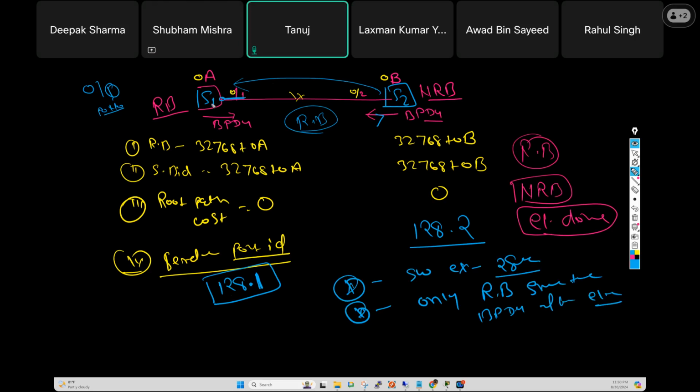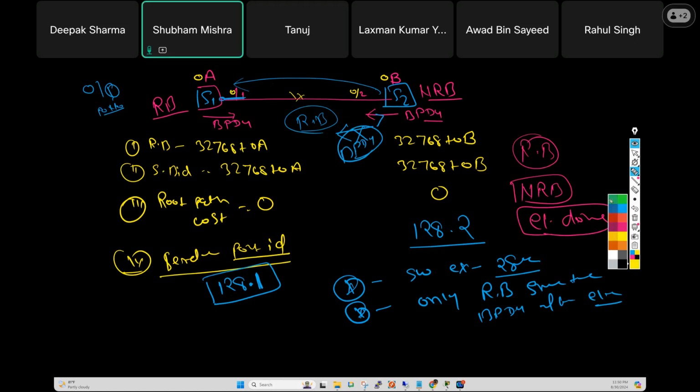That means once the election is done, switch number 2 is not going to share any BPDU. Understand, everyone? Switch number 2 is not going to share any BPDU with switch number 1.